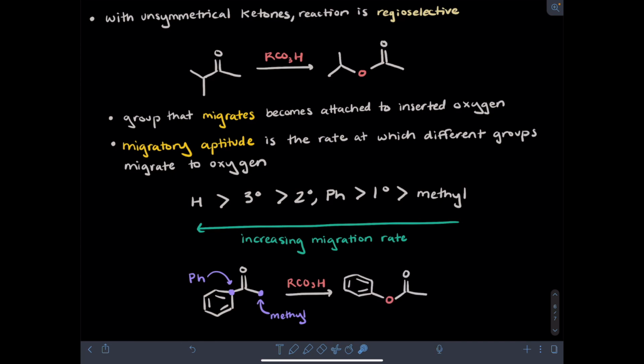And based on this, you would predict that the ester product would have the oxygen from the peroxy acid inserted in between the carbonyl and the phenyl group, meaning that the phenyl group was the one that migrated in the loss of leaving group and rearrangement step.